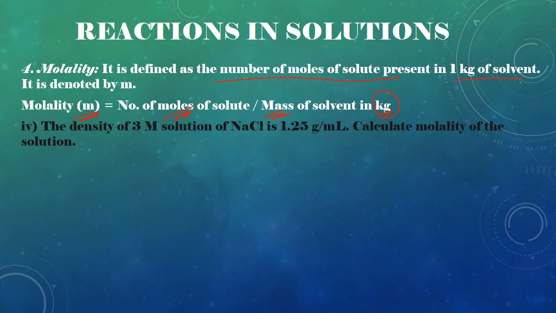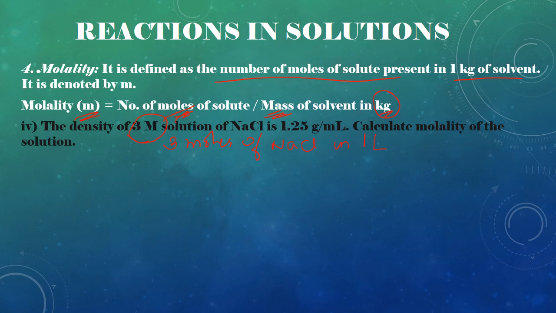Okay, this is an interesting numerical. The density of 3 molar solution of NaCl is 1.25 grams per milliliter. Calculate the molality of the solution. So when we say 3 molar, that means we have 3 moles of NaCl in 1 liter.